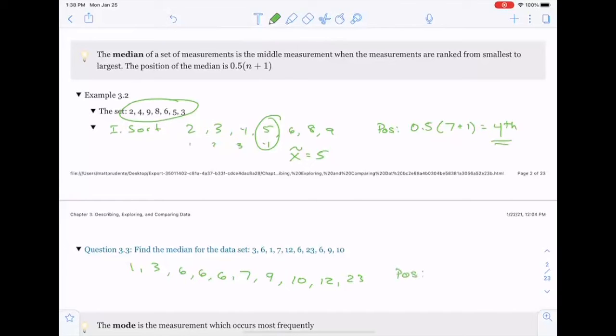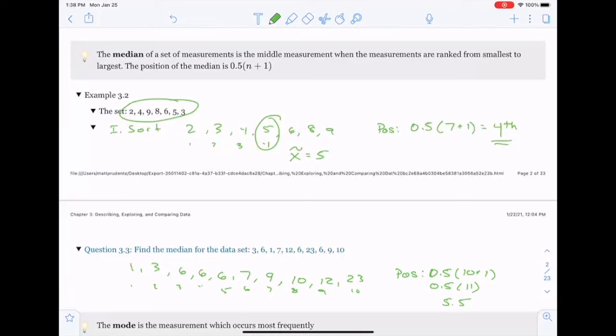We need to find the position of our median. It's going to be 0.5 times n plus 1. In this case, we have 1, 2, 3, 4, 5, 6, 7, 8, 9, 10 data points. So 10 plus 1 is 11, and 0.5 times 11 gives us 5.5.